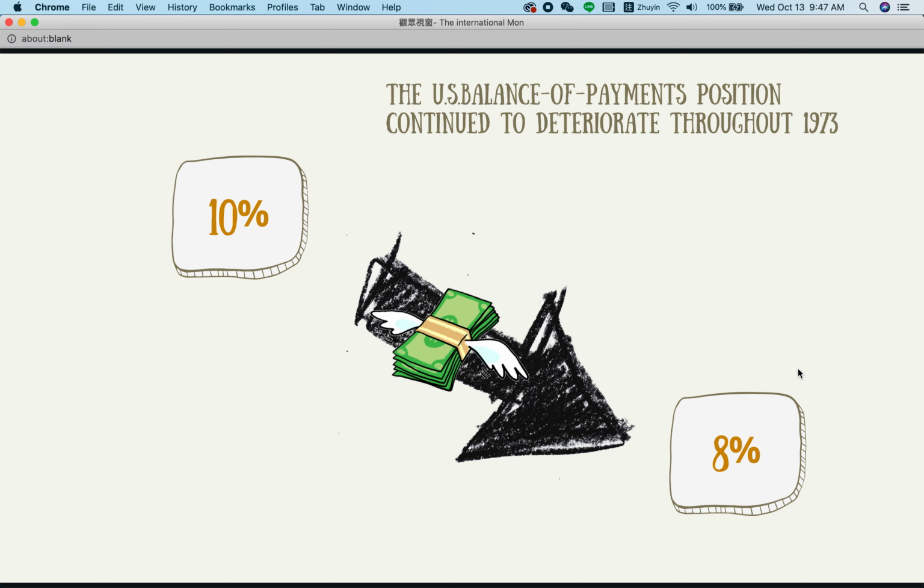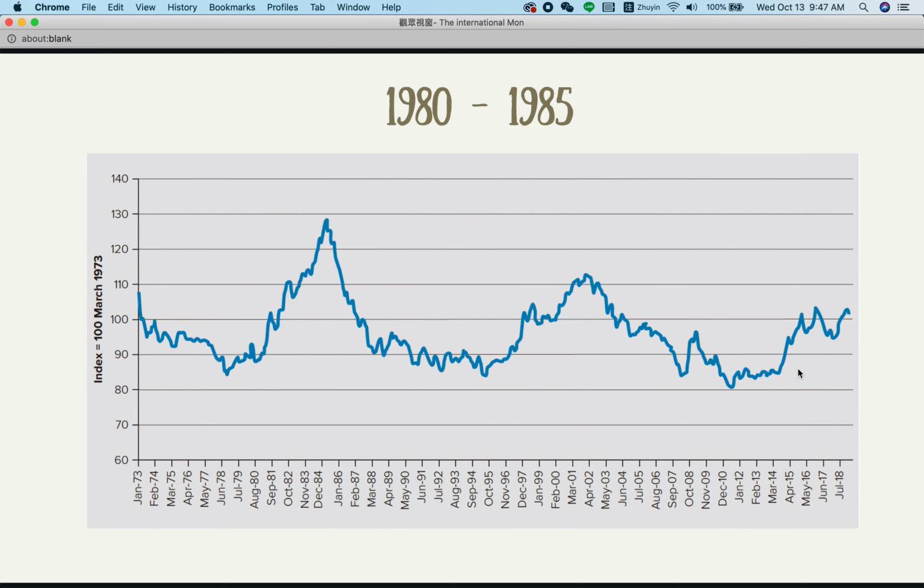And there have been two increases in the price of oil dramatically. The unexplained rise in the dollar between 1918 and 1985.